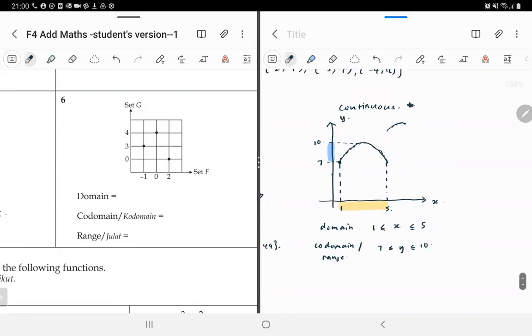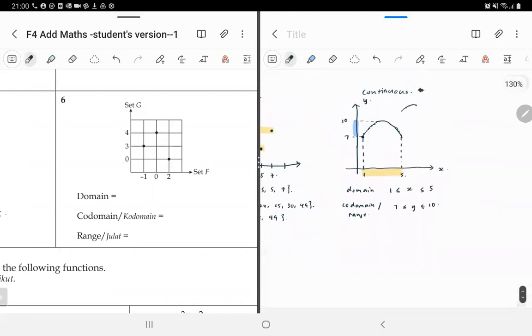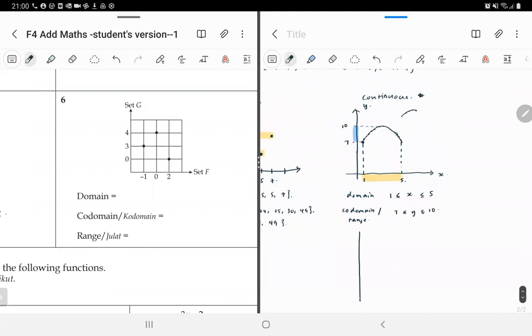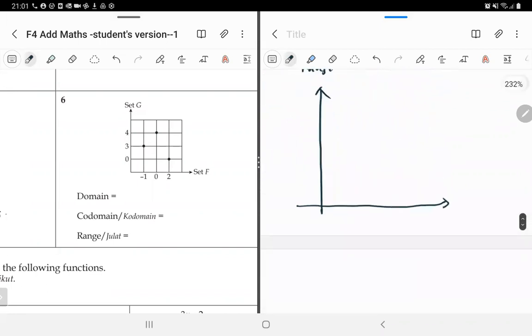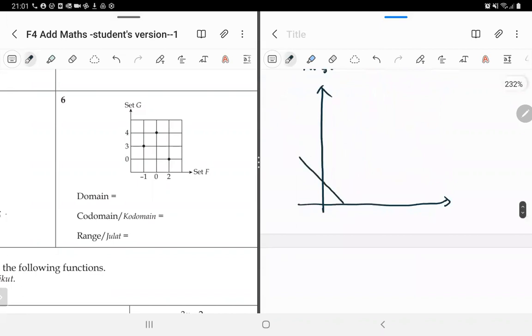Okay, so if I have a line graph like this one, let's make it bigger. Say this value here is -2, this value here is +5, this value here is 7, and this value is 5.